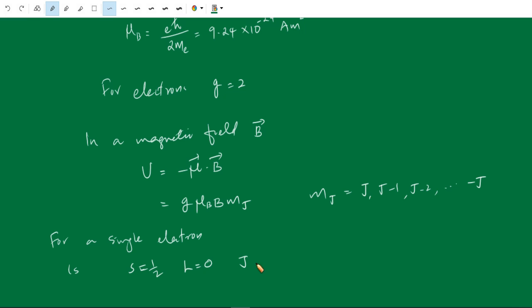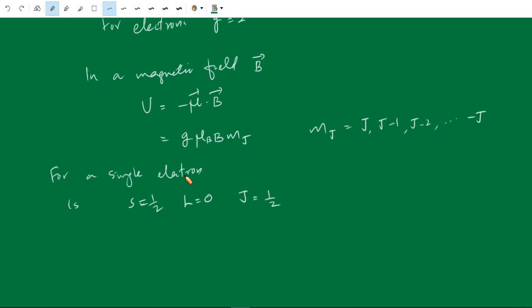Therefore J, the total angular momentum quantum number, is L plus S to L minus S, so J is 1 by 2. Mj can have values from J to minus J. So J is 1 by 2 and J minus 1 is minus 1 by 2. These are the values of Mj if J is equal to half. For a single electron, Mj equals half or minus half.